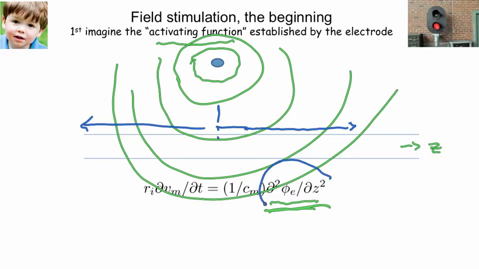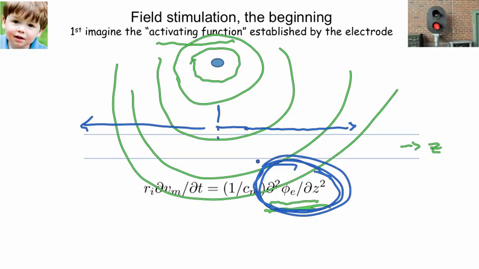So we have this term, the second spatial derivative of the extracellular field. Do you remember that in analyzing the tract, there was special meaning attached to the second spatial derivative of the intracellular potential, because the second spatial derivative in that case was the membrane current. Well, here, nothing is happening inside the fiber, at least not at the beginning. So the second spatial derivative in this term is again the membrane current.